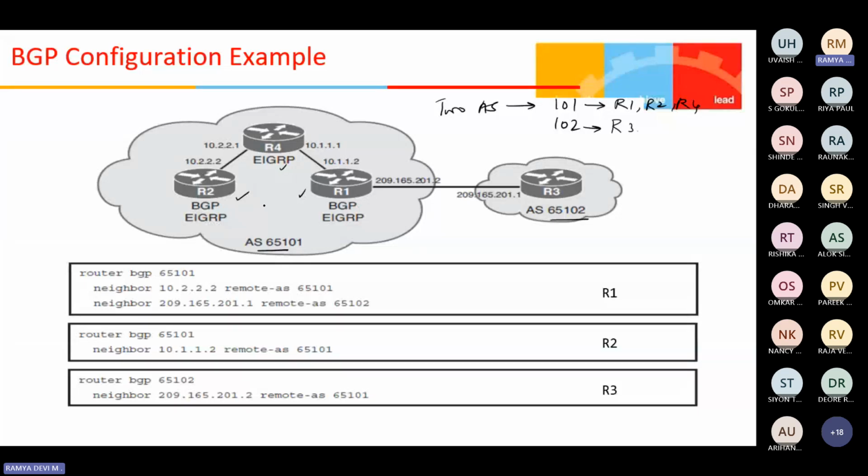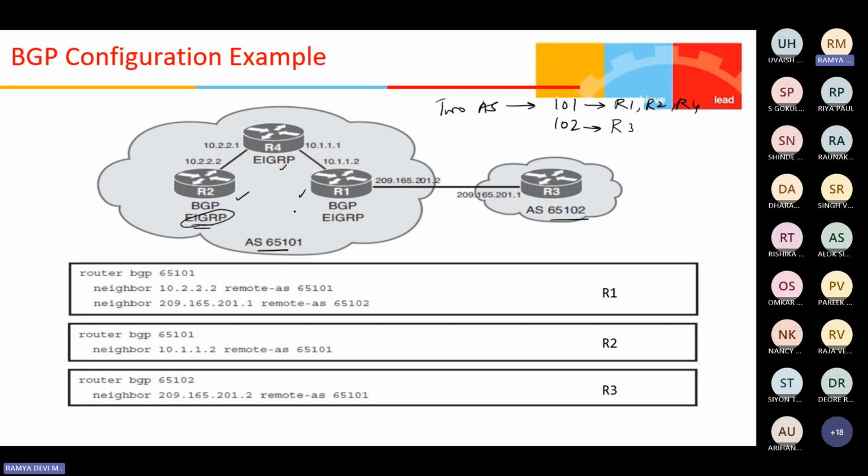Inside 65101, we'll be using EIGRP, an interior gateway protocol, in order to route the packets between R1, R2, R4.